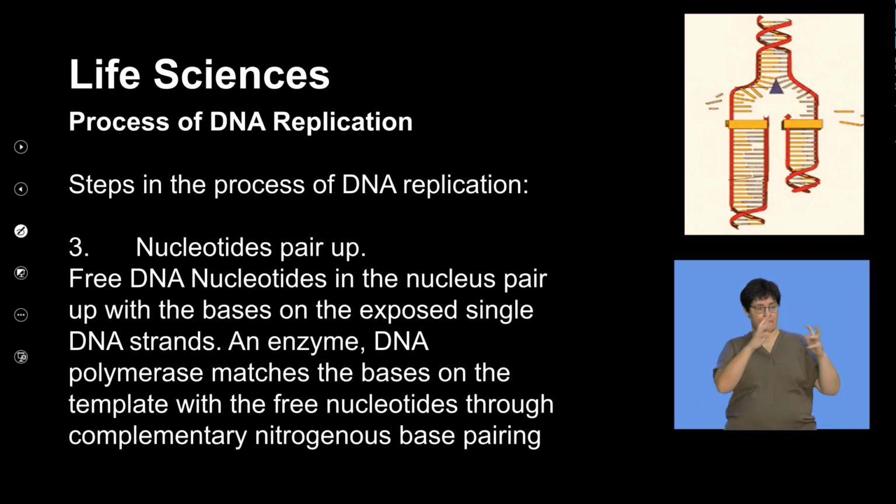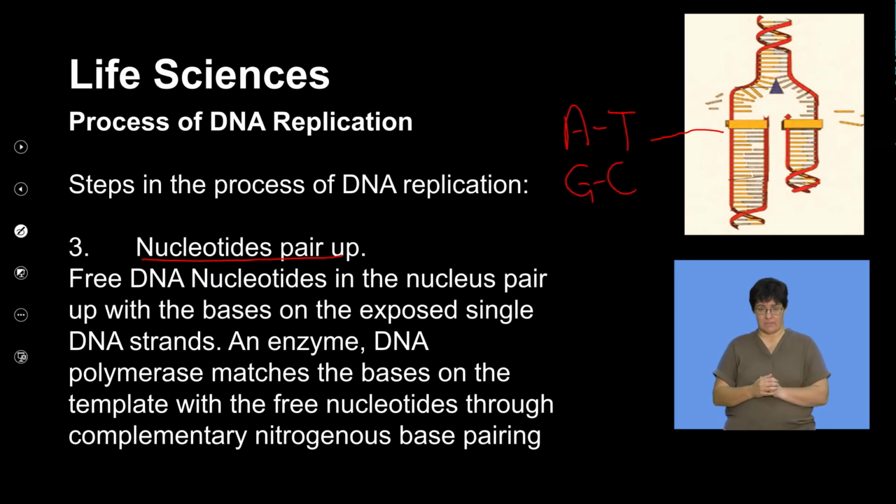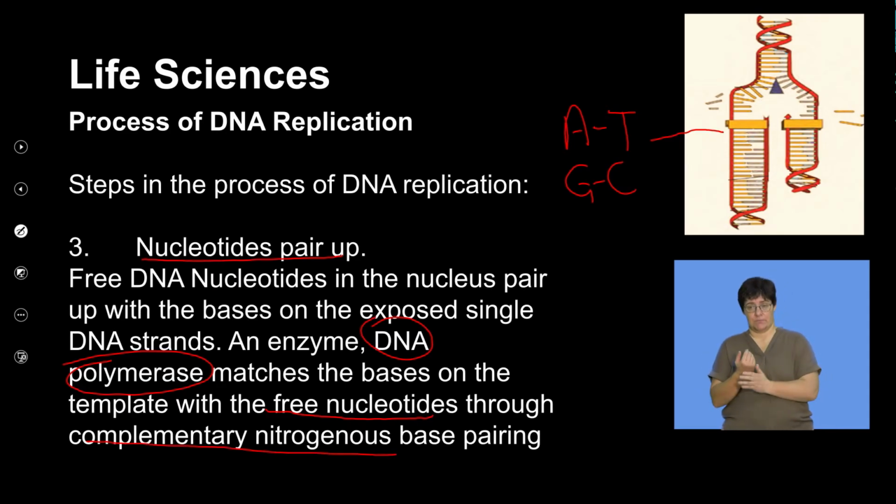The next step would be the pairing up of the nucleotides, and we see here that these nucleotides start pairing up with that ATGC rule that we know and we've just illustrated, and they start eventually doing this with the help of an enzyme called DNA polymerase, and they start pairing up together with the free nucleotides floating in the nucleoplasm, and using that, the complementary base pairing occurs.